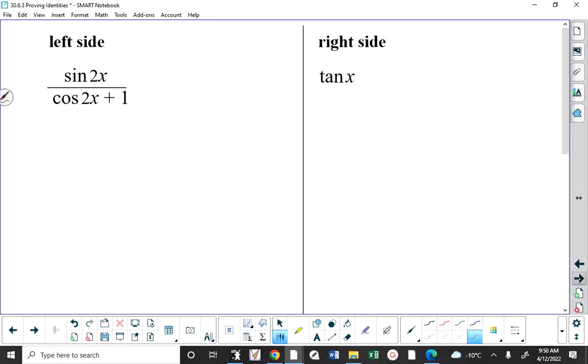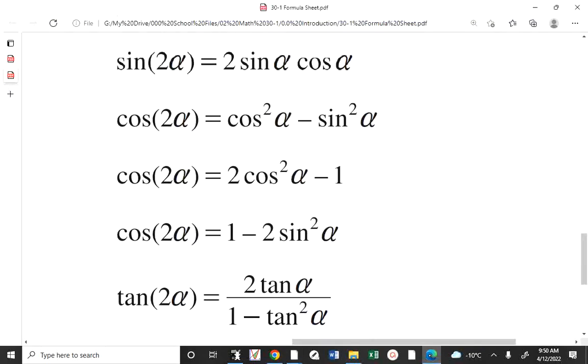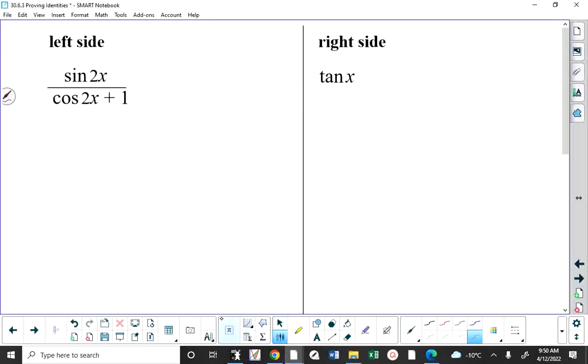When you look at your formula sheet, sine of 2x is 2 sine of x cos x. Well, let's do that. So I'm going to have 2 sine of x cos of x on the top. And that's a double angle identity.